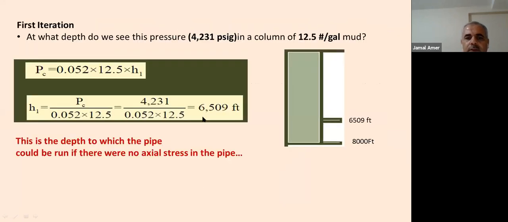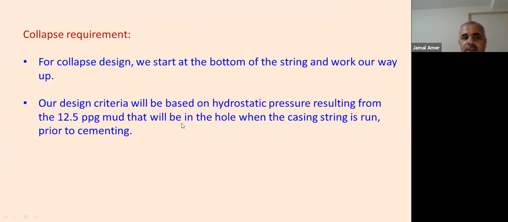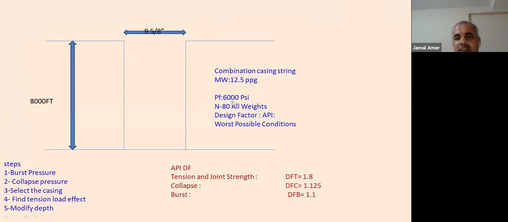Here, this is for this example. At the beginning of the example, they told us combination casing string. What does that mean? Combination casing string means that we can use two grades for the same string of casing.